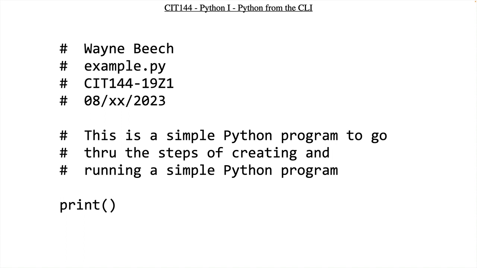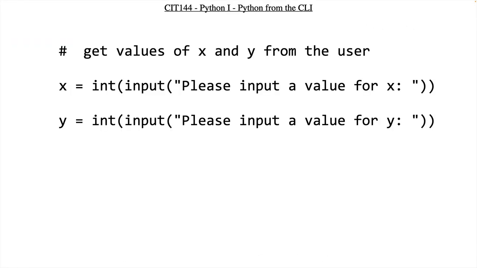And basically that's going to give us a blank line. So you have your command prompt, you type your command to run Python, and then it's going to print a blank line.